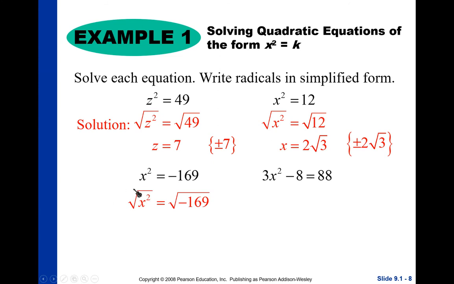Another example. x squared is equal to negative 169. Again, kung anong ginawa ko sa left side, yun yung gagawin sa right side. Nilagay ko ng square root, lagyan din ng square root. Cancel para maging x. Then, square root of negative 169. The answer is none. No set.